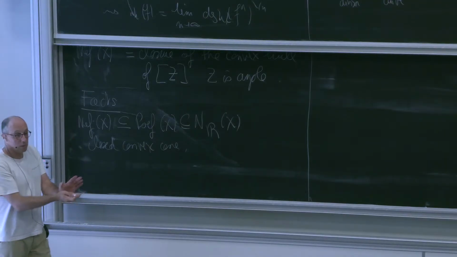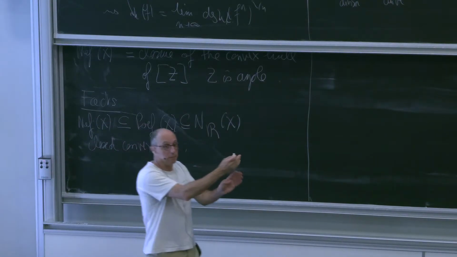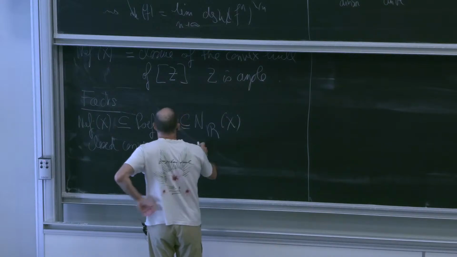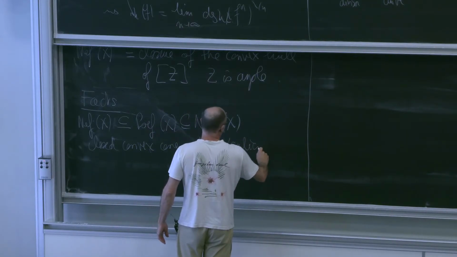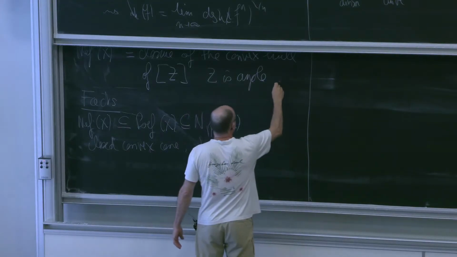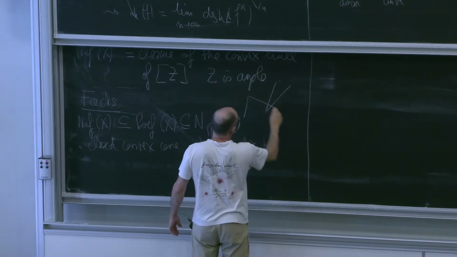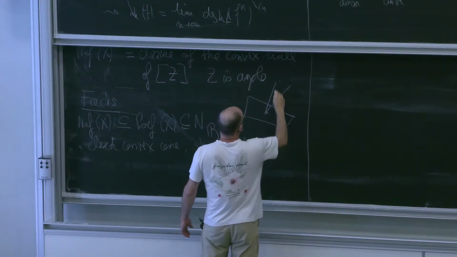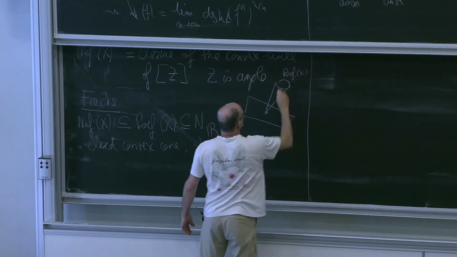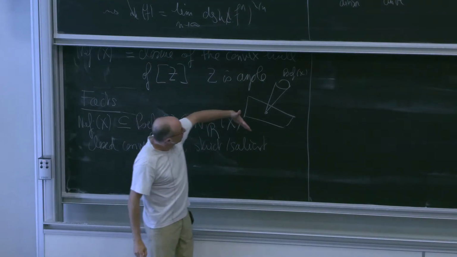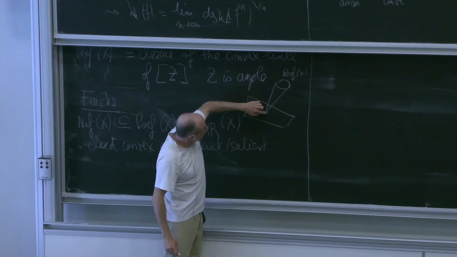But also, these cones do not contain any line. So one says that they are strict or salient, which means that there exists a hyperplane. So let's say this is the biggest one, Psef. So there exists a hyperplane that touches the Psef cone only at the point 0.